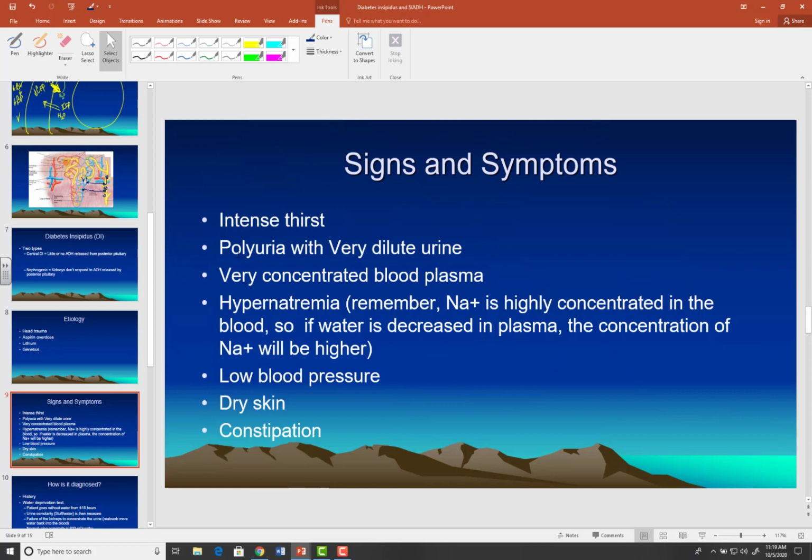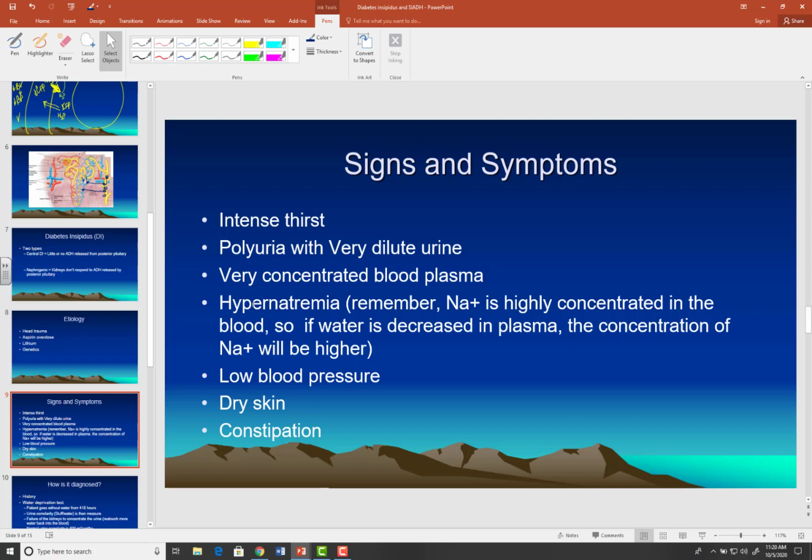Then they're going to be peeing a lot. Very, very dilute urine. Remember, ADH concentrates the urine by reabsorbing the water. So if you don't have ADH, the pituitary isn't producing it, or the kidney's not responding to it, then you're going to have a very, very dilute urine. Then you're going to develop hypernatremia.